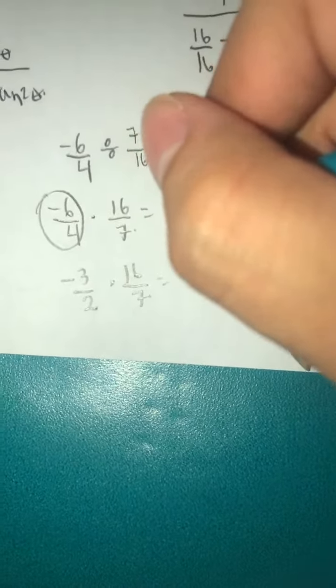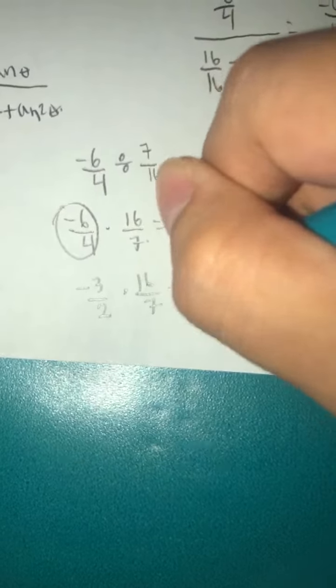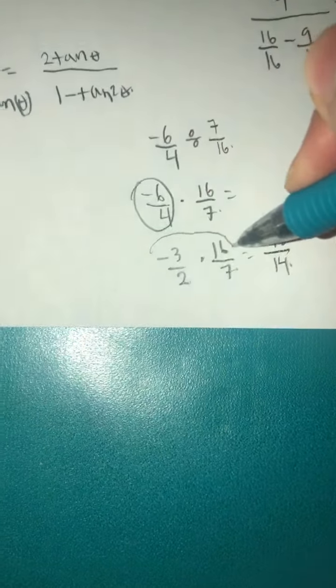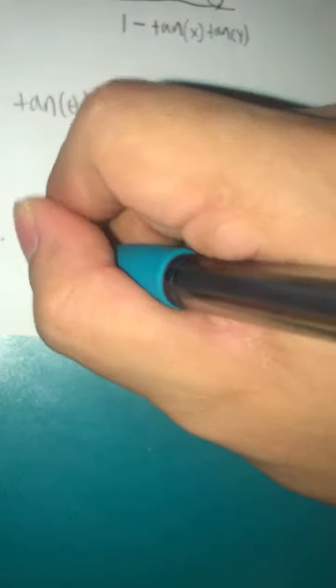We can simplify or reduce this, right? This is going to be negative 3/2 times 16/7, which is negative 48/14. You can also multiply by saying negative 3/2, and we know that 16 is 2 times 8, and then over 7.